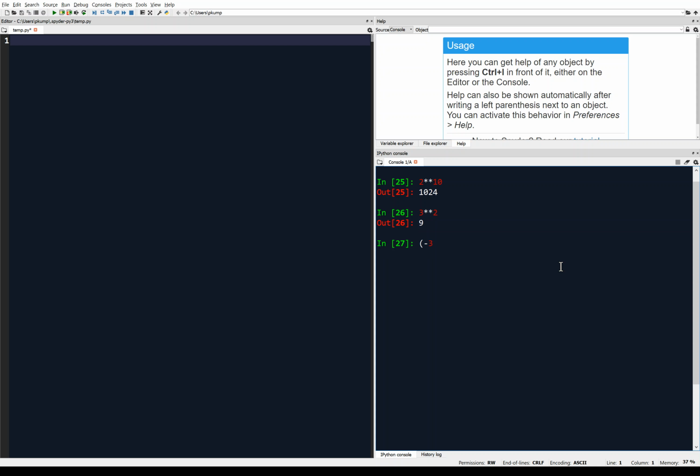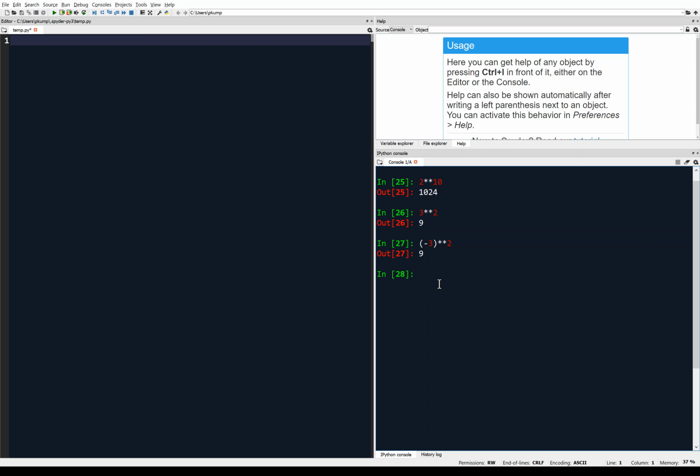Maybe negative 3 squared, right? Negative 3 double asterisk 2 is also 9. And you can see my use of parentheses here. So we can use parentheses just like we would in math class if I want to do some operation first. But I'm going to get there in a second.